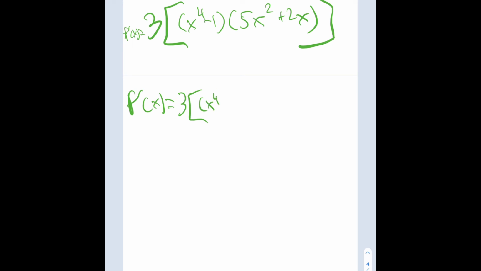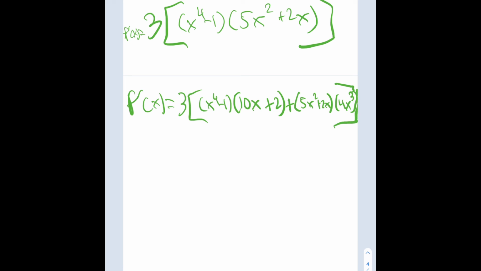First, times derivative of the second: 5 times 2 is 10x, and then the derivative of 2x is just 2, plus the second, which is 5x squared plus 2x, times the derivative of the first. Moving this 4 down in front, I get 4x cubed, 4 minus 1 is 3.